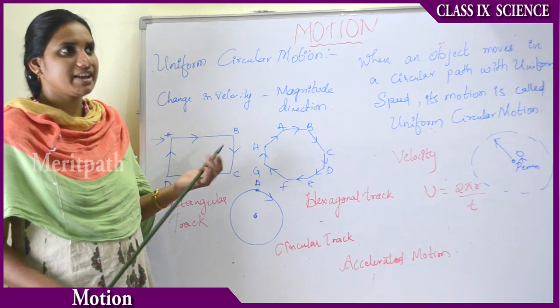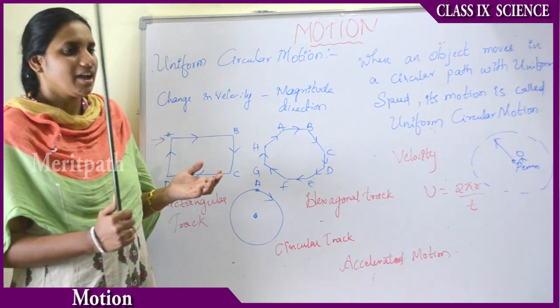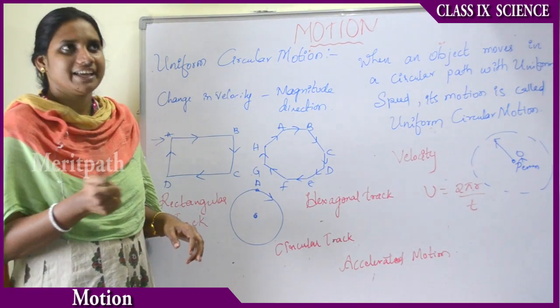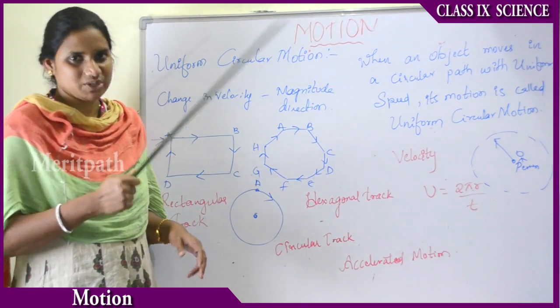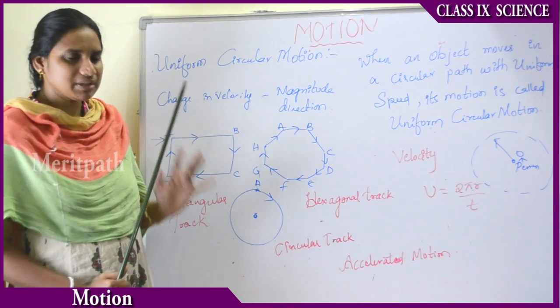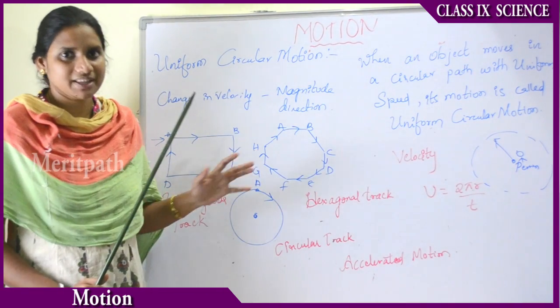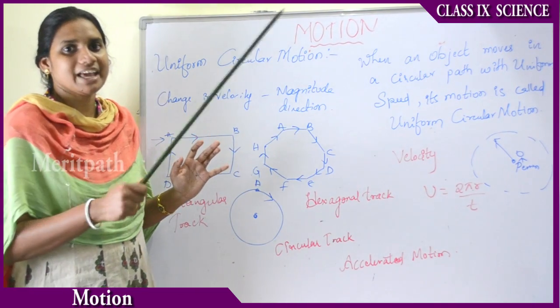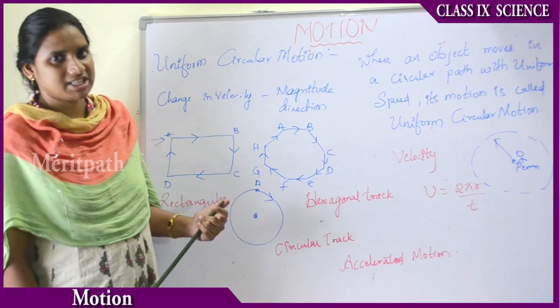And also when a person carries a stone with the help of a thread, when he rotates it, it will be rotated in the circular motion, right? These are the good examples for the circular motion of the objects or the accelerated motion in a circular way. Here the magnitude will be same, but the direction will be changed.